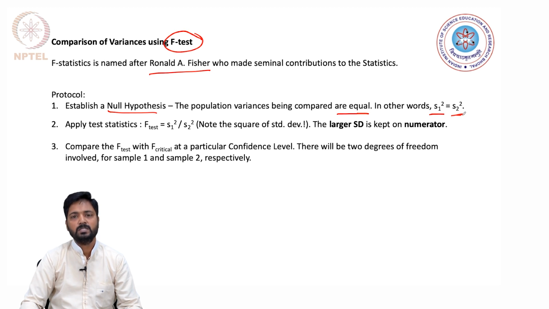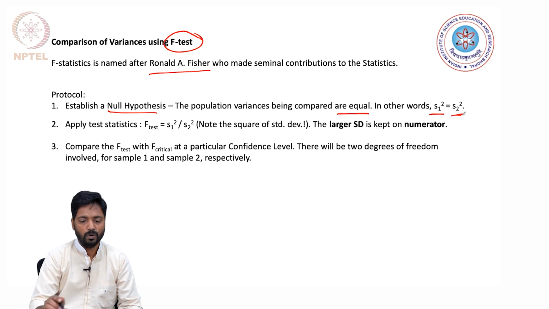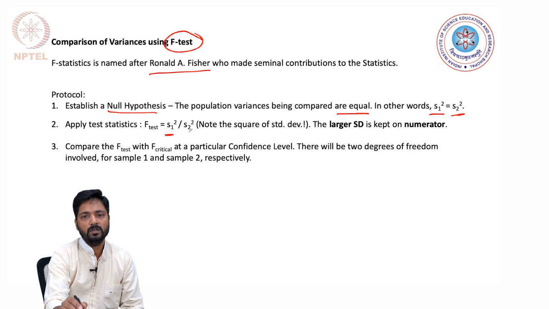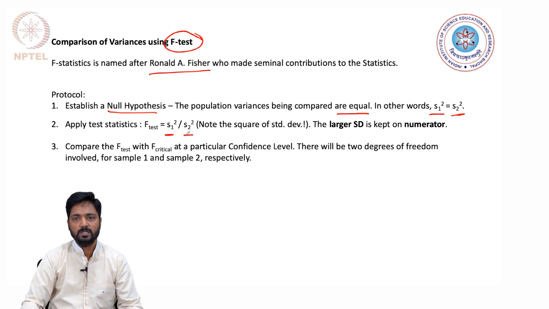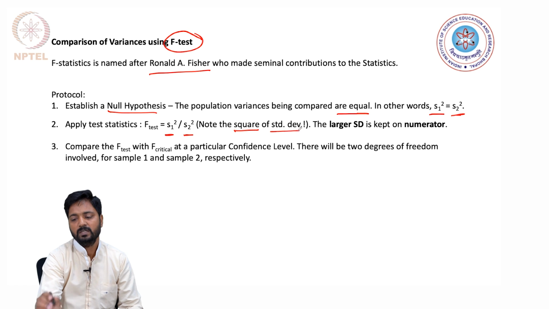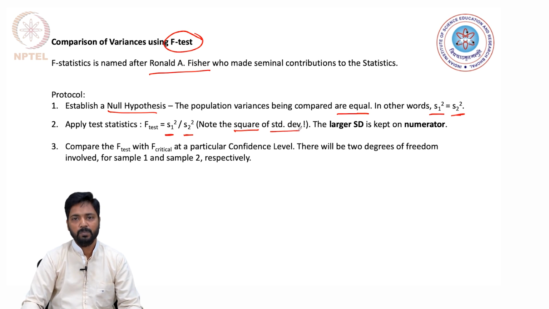Next we apply the test statistic. So we calculate the F test value, which is nothing but the ratio of variance 1 by variance 2. Now again, please be aware and please note that we are squaring the standard deviation to compare the variances, which is what variance is actually about.